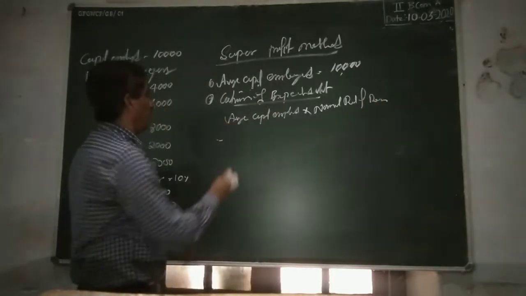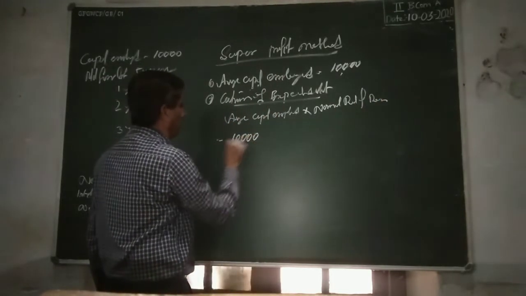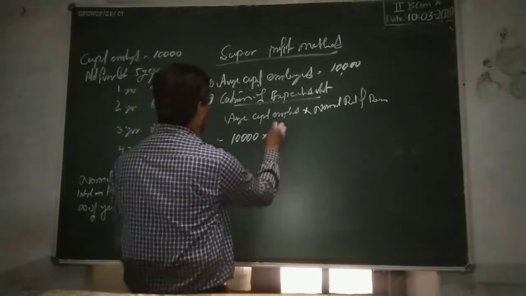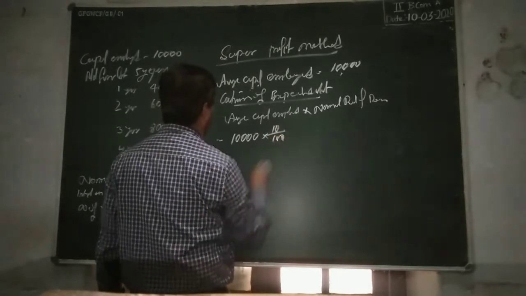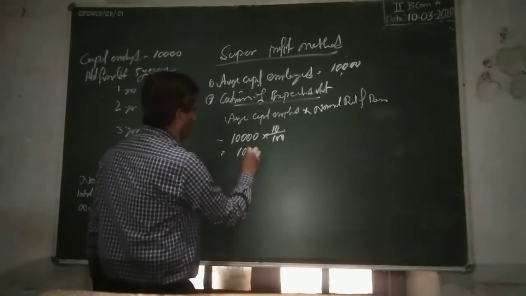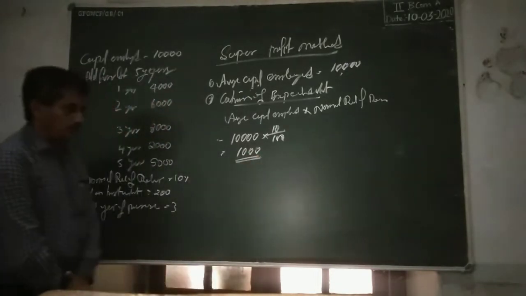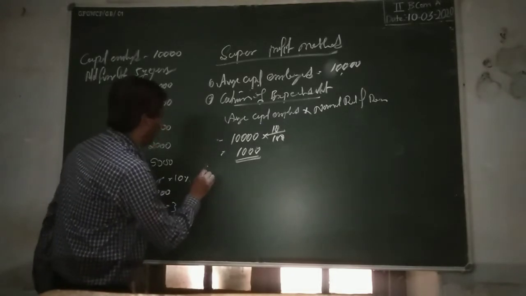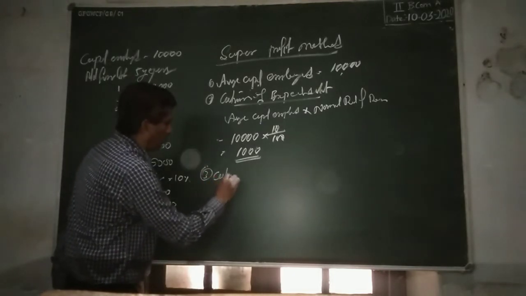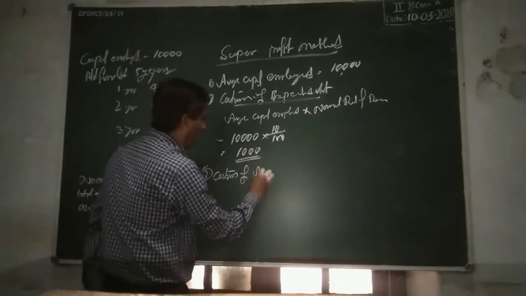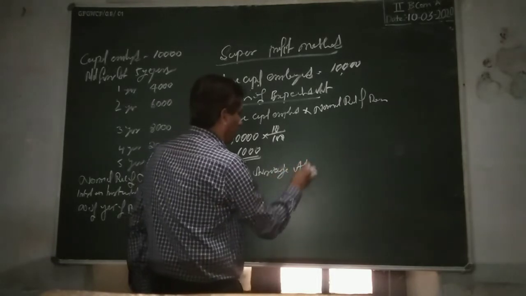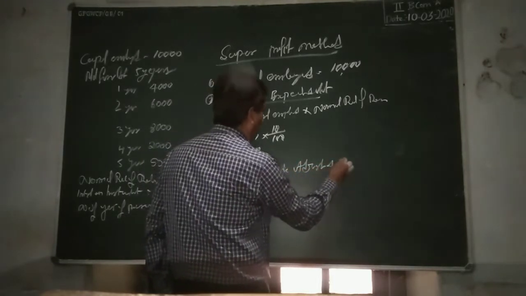Average capital employed here is 10,000 into the normal rate of return given in the problem, 10%, 10 by 100, so it should be 1,000. The next step here is calculation of average adjusted profit.